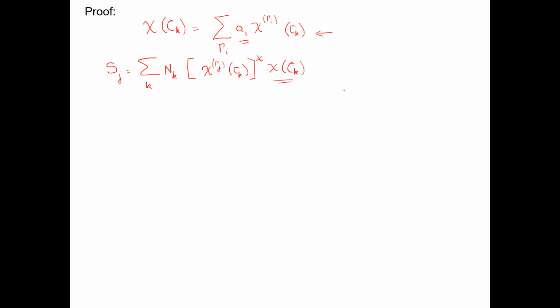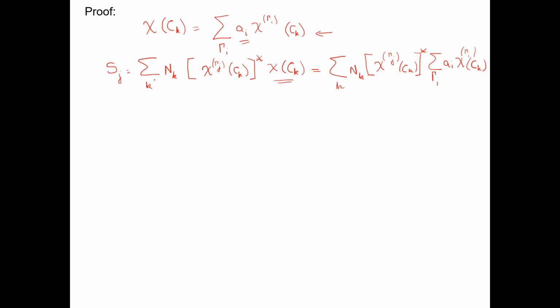So Sj is going to be equal to the sum over k of nk, chi of gamma j of ck, conjugated, and then I will write the reducible character as a sum over all irreducible representations of ai chi gamma i of ck. I will just switch the order of the two summations.